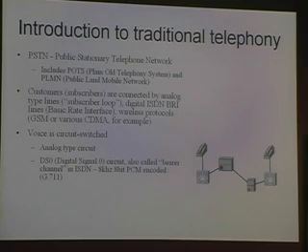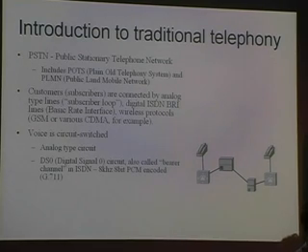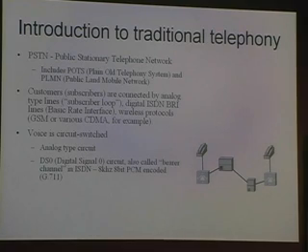For example, two analog circuits, from you to your exchange and from the exchange of the other party to the other party, and digital circuits, which is called the digital signal 1 circuit, also called a B channel in ISDN. It's the basic digital circuit of voice in the PSTN. So this is approximately how it works when you call.